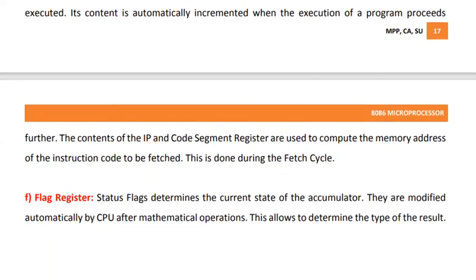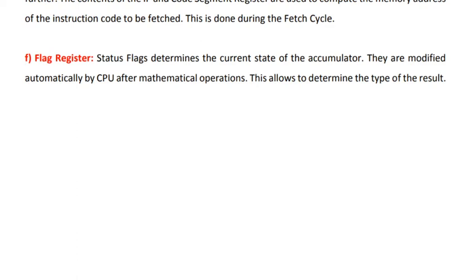Now let us try to understand the flag register. The 8086 has one flag register that is 16 bits in length. Out of 16 bits, 9 bits are active and 7 bits are left unused. Out of the active 9 bits, 6 bits reflect status or condition, whereas 3 bits reflect control.